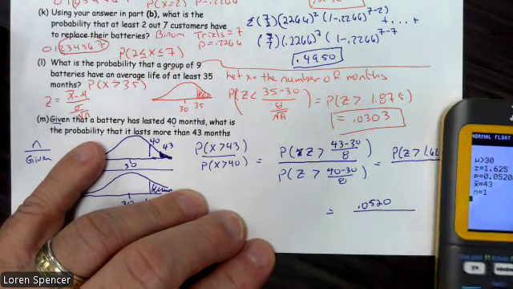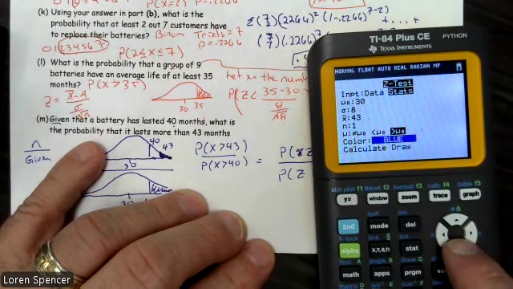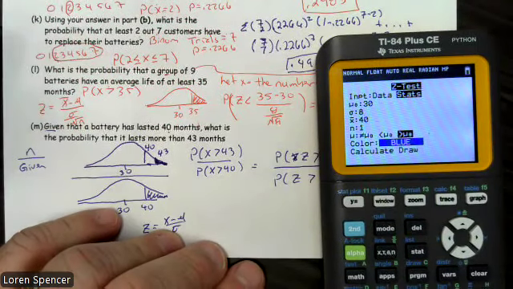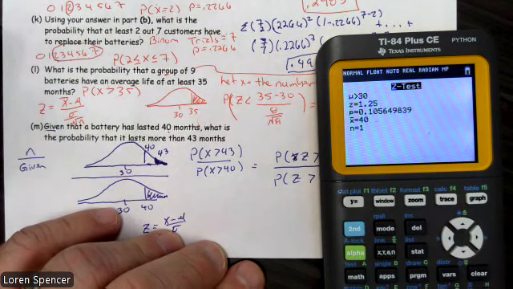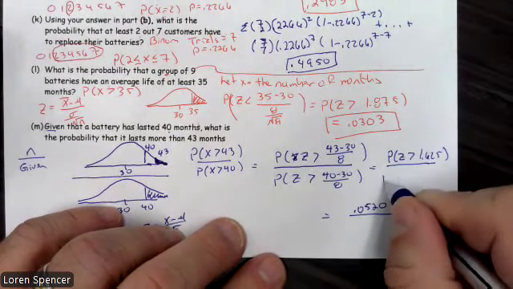And then for the denominator, I have to do it again, stat test, z-test. But I'm changing my x to the 40, because that's what we said, probability is greater than 40. And we get the probability z is greater than 1.25.